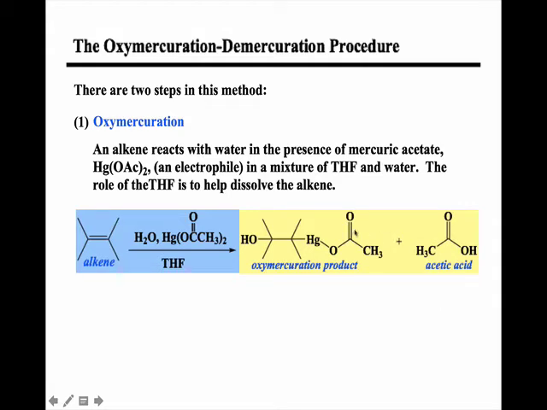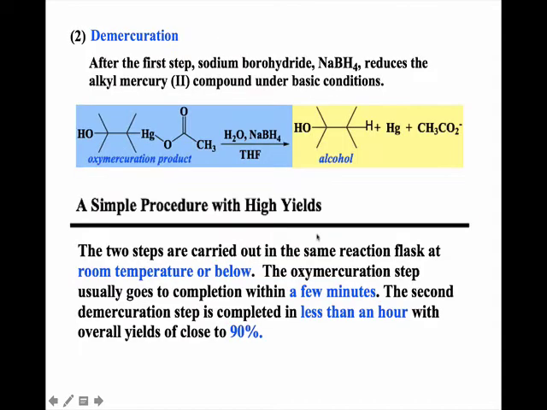So you can see that we've added what looks like at least half of water and an electrophile. In all the other additions, the electrophile was a proton. Here it happens to be mercury. Well, in the next step, the demercuration step, we react this with sodium borohydride, which is a good reducing agent.